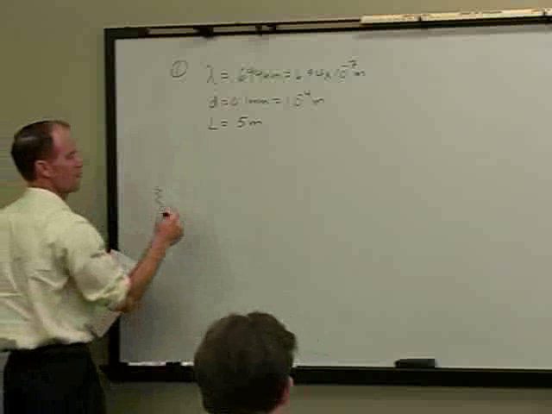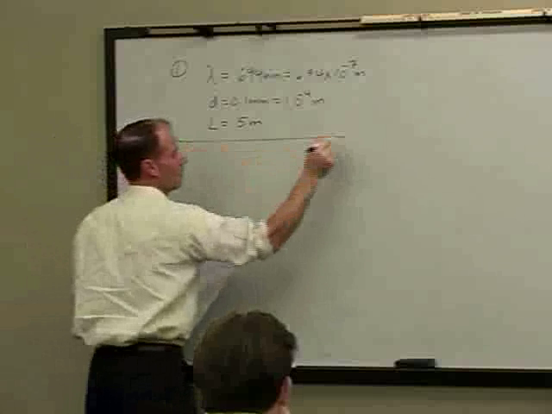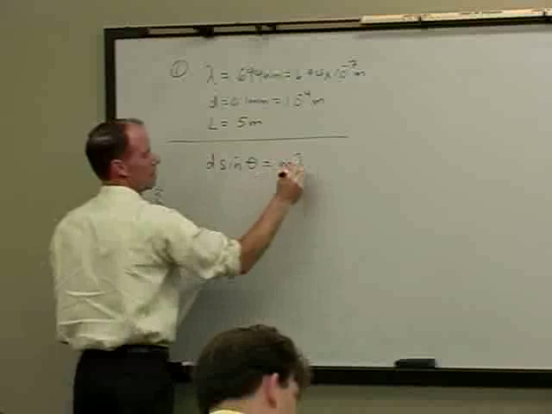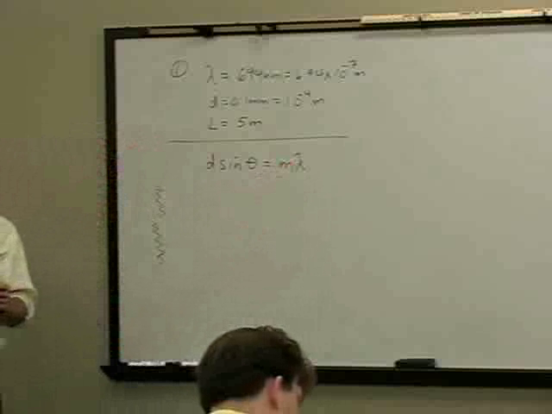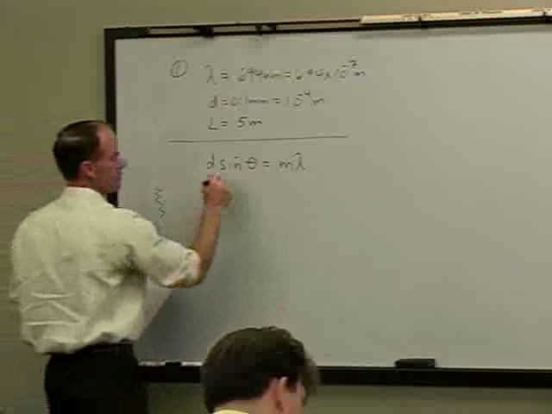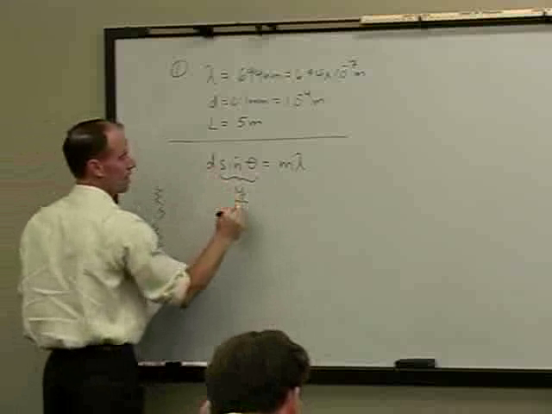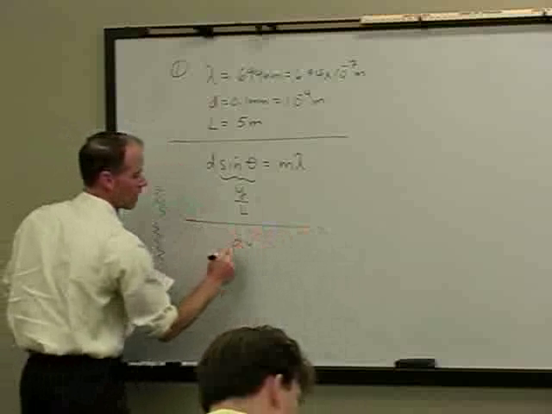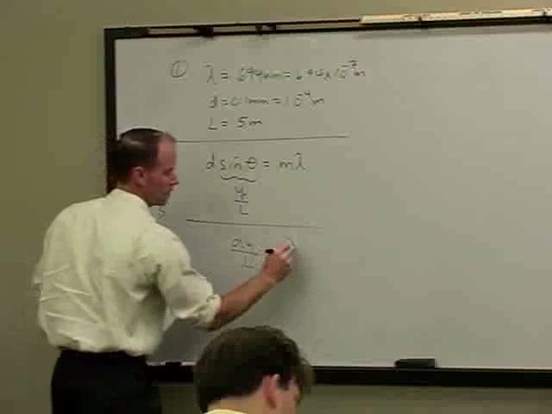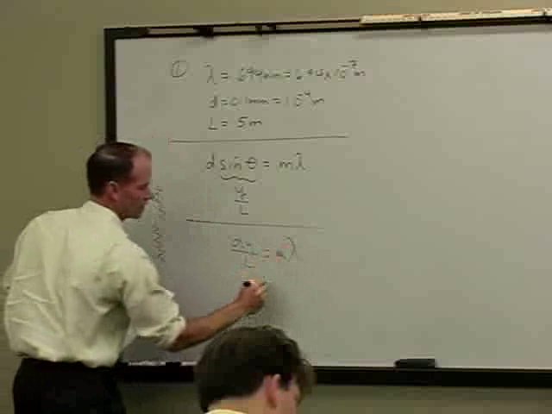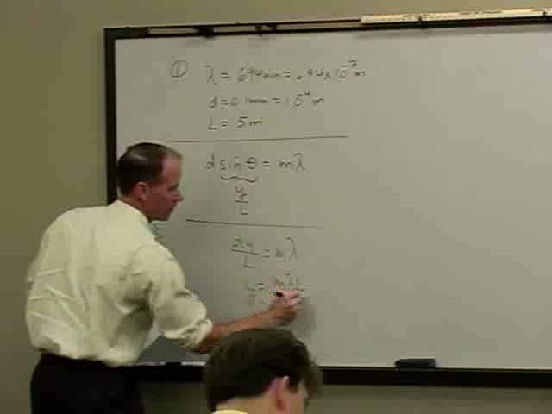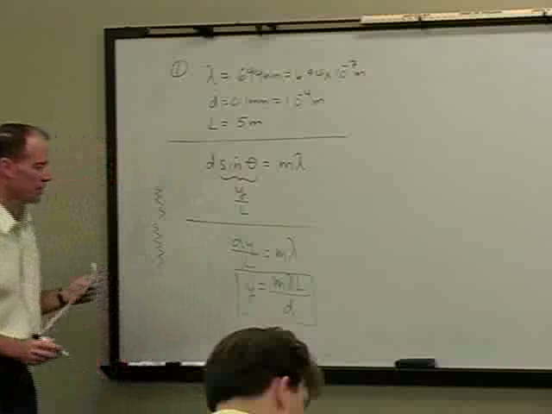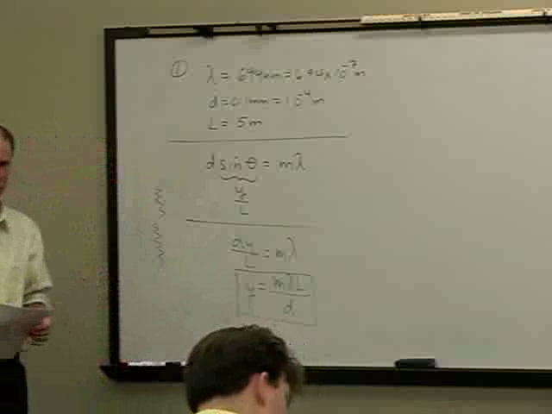We have that d sine theta equals n lambda for constructive interference. But we could say that sine theta is y over L. So we have d times y over L equals n lambda, or y is equal to n lambda L over d. That would give us the position of all the bright fringes for constructive interference.